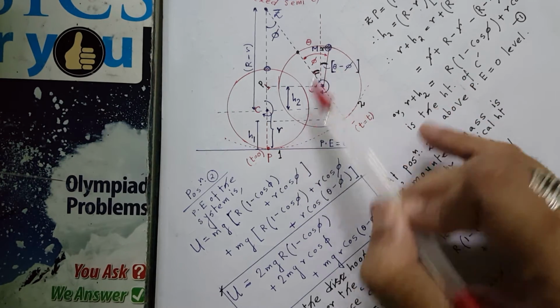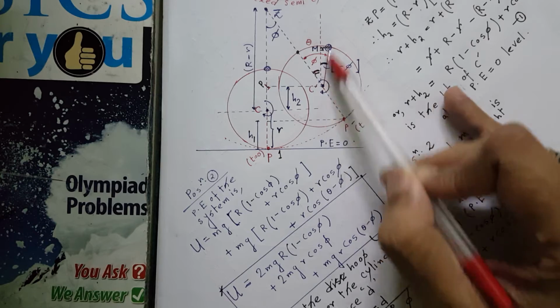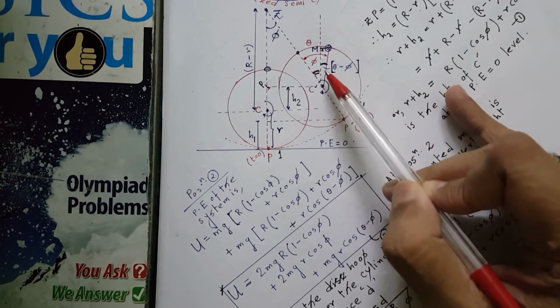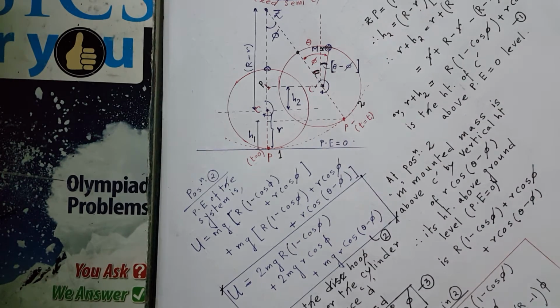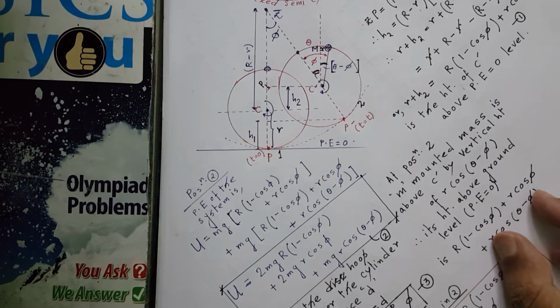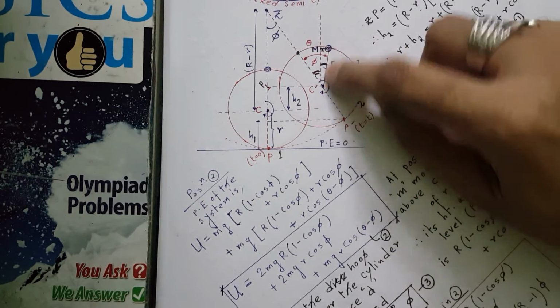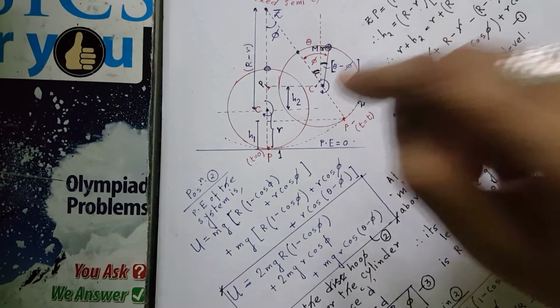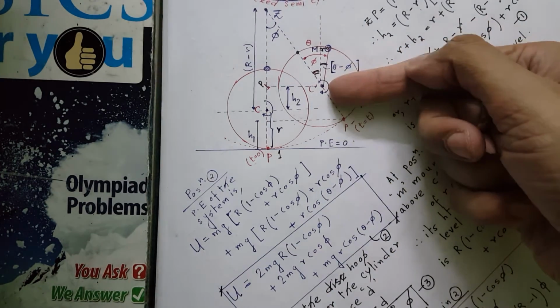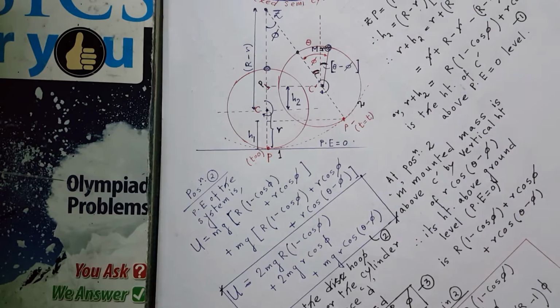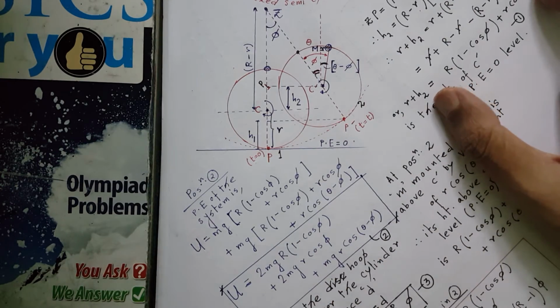Theta minus phi. So the mounted mass is at what vertical height from the center? Small r cos (theta minus phi). This is the height of the mounted mass from the center of the hoop at position 2. And the center of the hoop is at what height from the ground? The center of the hoop is at this height from the ground.